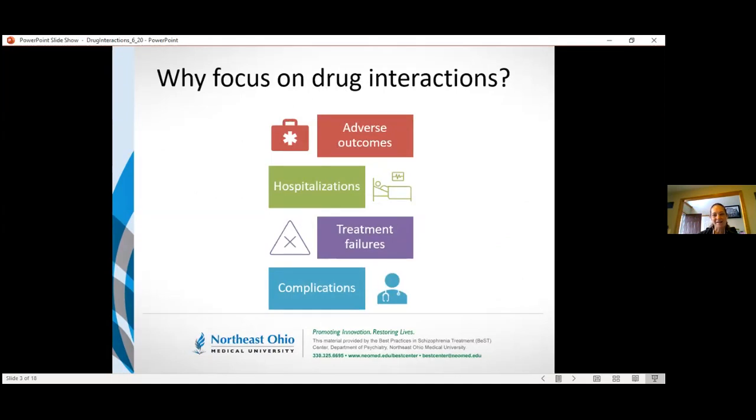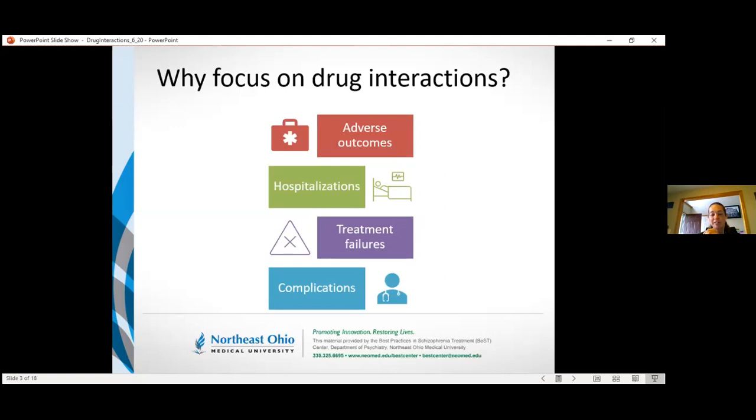First thing, I wanted to put the brakes on, so why are we focusing on drug interactions? It's been identified that there can be a number of adverse outcomes from drug interactions, and this could be anything from adverse effects up to complete mortality as a result of some of these interactions. It increases hospitalizations as well as ER visits.